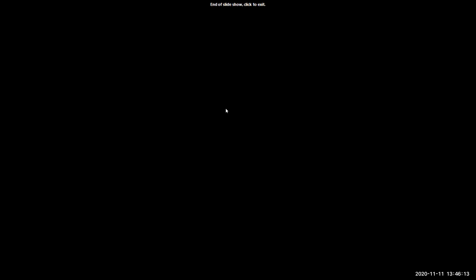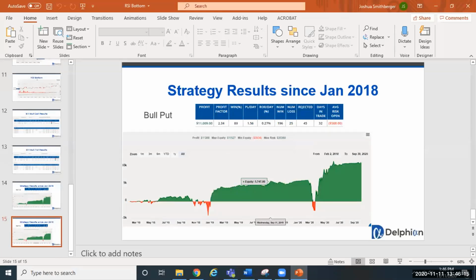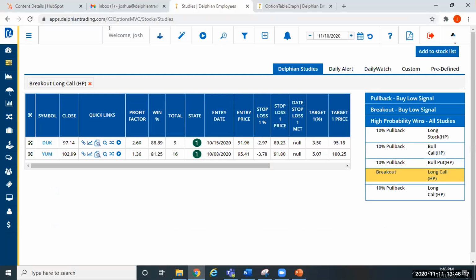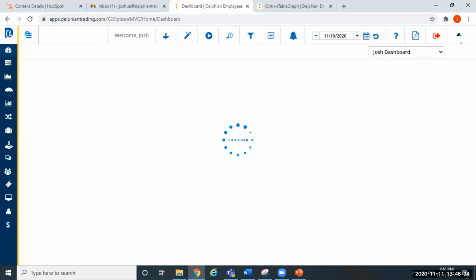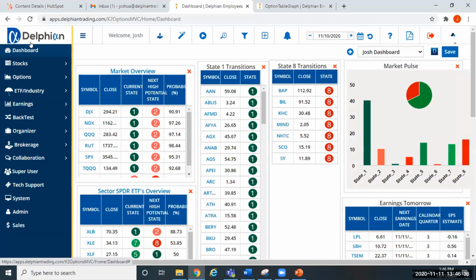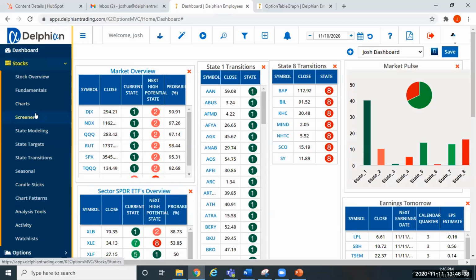In that slideshow before, I showed you the email, so you can click on that and it'll take you right there, but you still have to log in. Or if you're in the system, you can go into the stock screener, or you can use the quick link up here for screener.